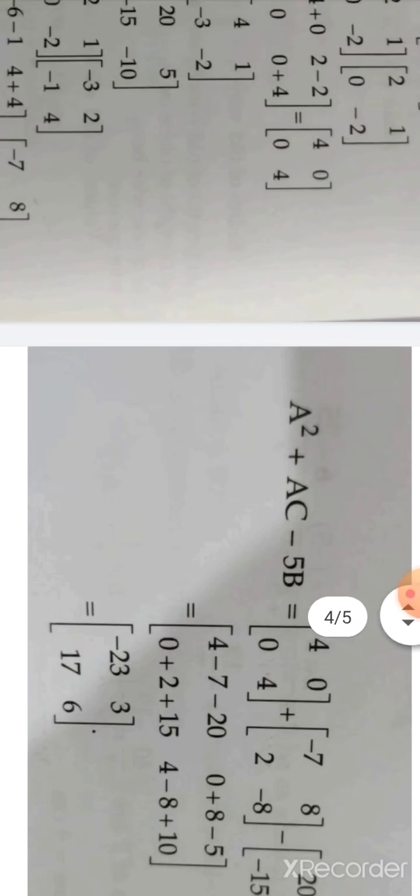So the first term is minus 20, minus 7 is minus 27 plus 4 is minus 23, 8 minus 5 is 3, 15 plus 2 is 17, 10 minus 8 is 2 plus 4 is 6. So the final answer is minus 23, 3, 17, 6. So this is the method to solve this type of matrix question.